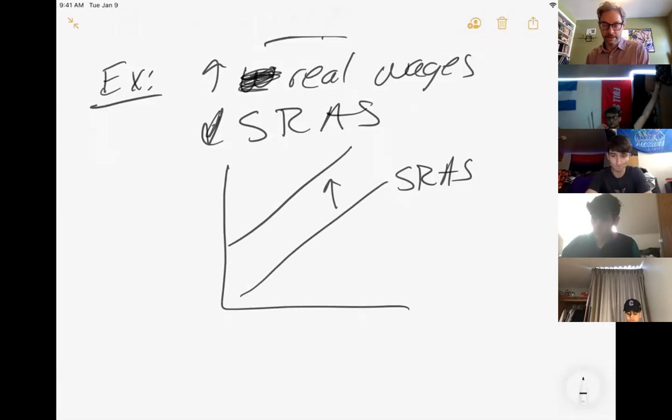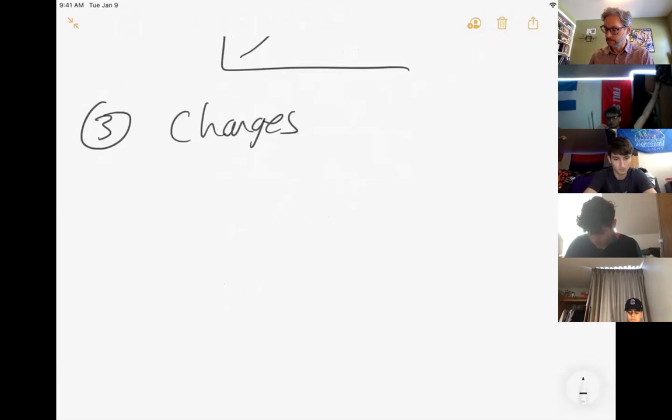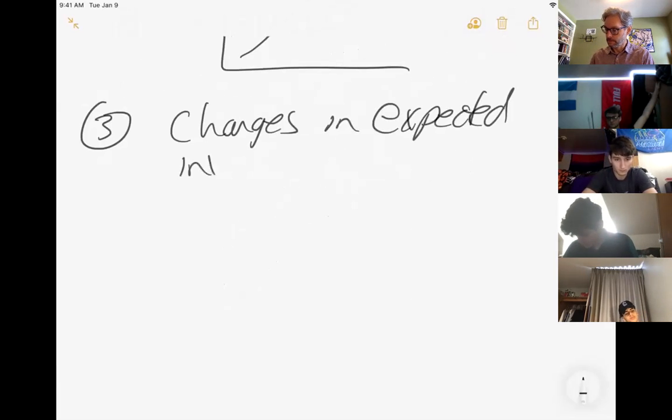Now, there's a third thing that could shift short-run aggregate supply, and this is the one we didn't talk about this morning. Changes in expected inflation.